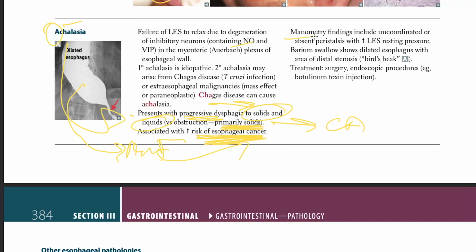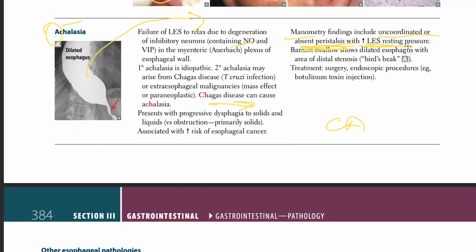Manometry findings include uncoordinated or absent peristalsis. Either the esophagus is doing a lot of peristalsis, or it's like, man, I'm tired now, can't do any more peristalsis. So you will have absent peristalsis with, and this is the important one, an increase in LES resting pressure. That's the manometry finding.